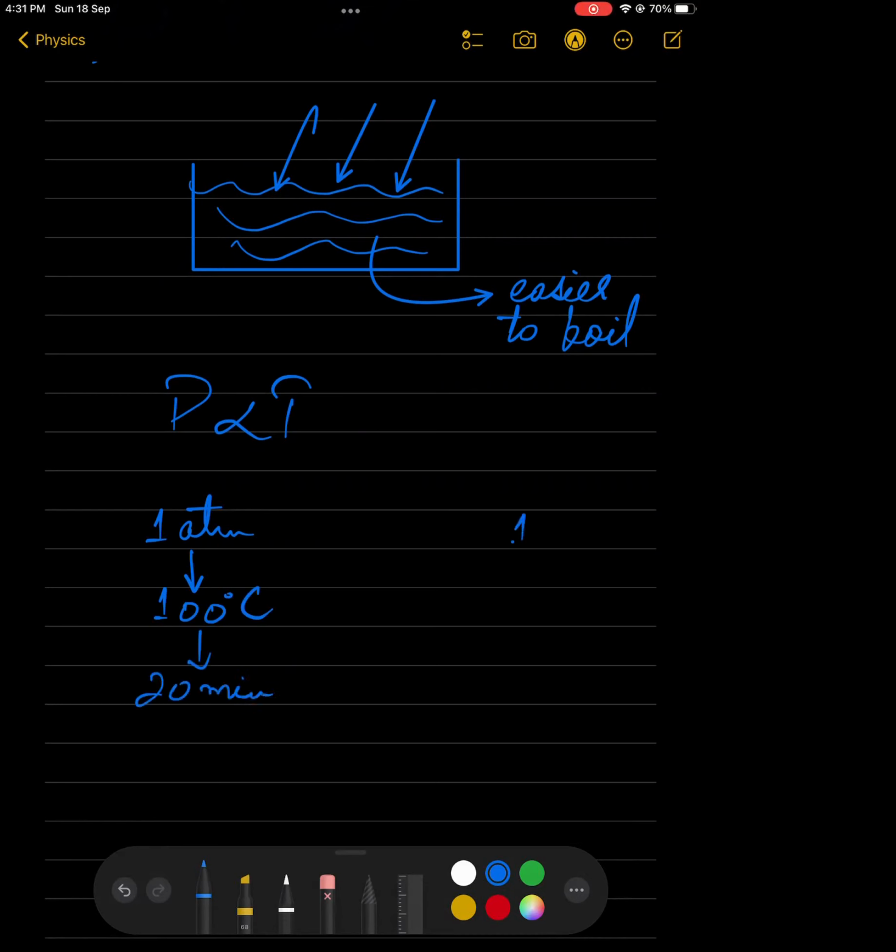So on Mount Everest, if the pressure has been reduced to let's say 0.9 atm, 100 degrees Celsius would be reached in a much longer time. So it would take let's say 30 minutes. So as you can see, by the relation of pressure and temperature, the time to cook the food on Mount Everest is definitely much longer compared to what it is on the ground surface.